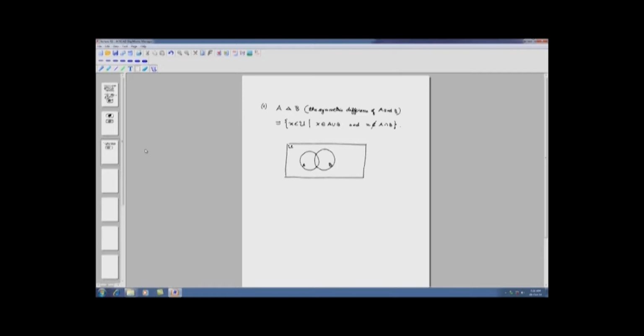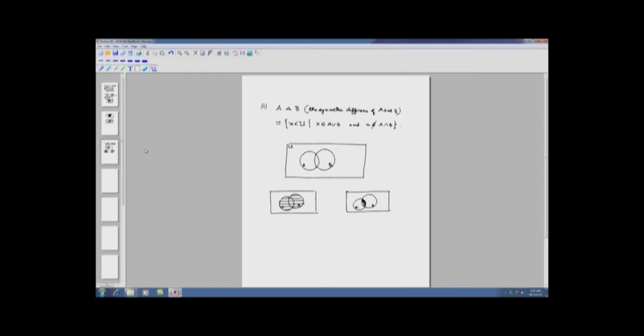Suppose these are my sets A and B. So, I am looking for the region which is inside A union B and which is outside A intersection B. Let us recall what is A union B and what is A intersection B. A union B is the shaded region that covers the whole of A and B, and A intersection B is this part.